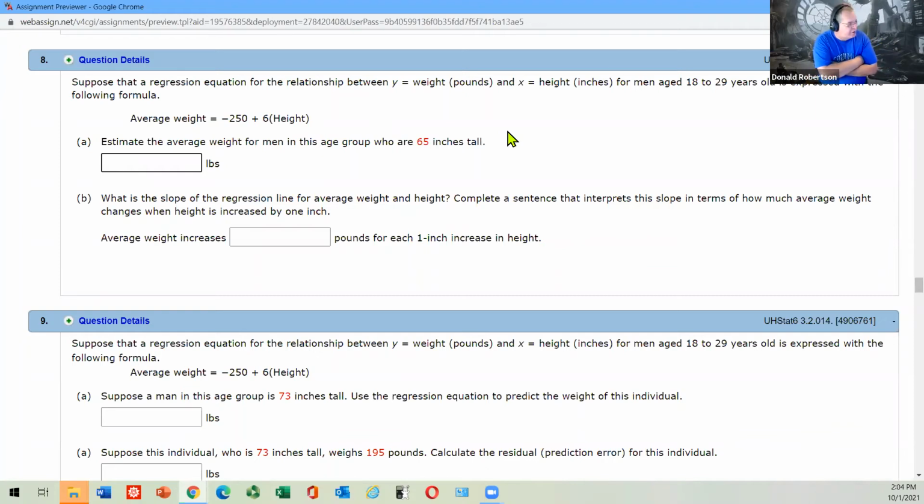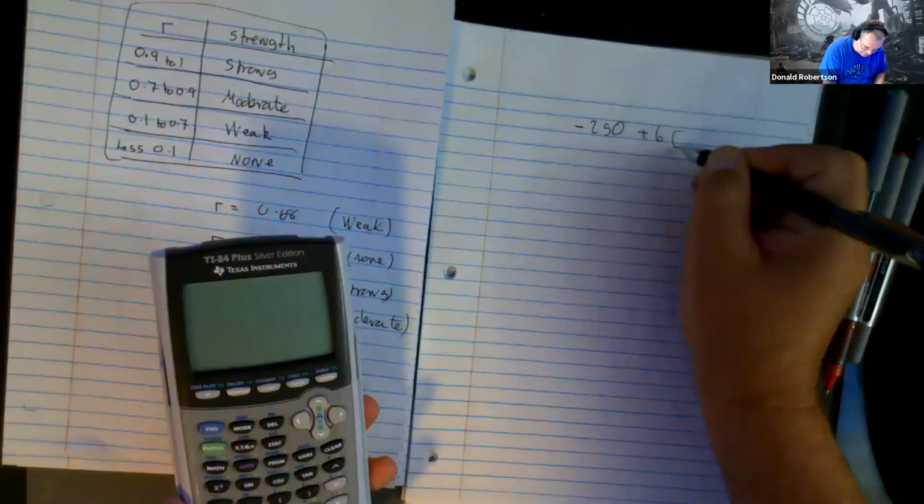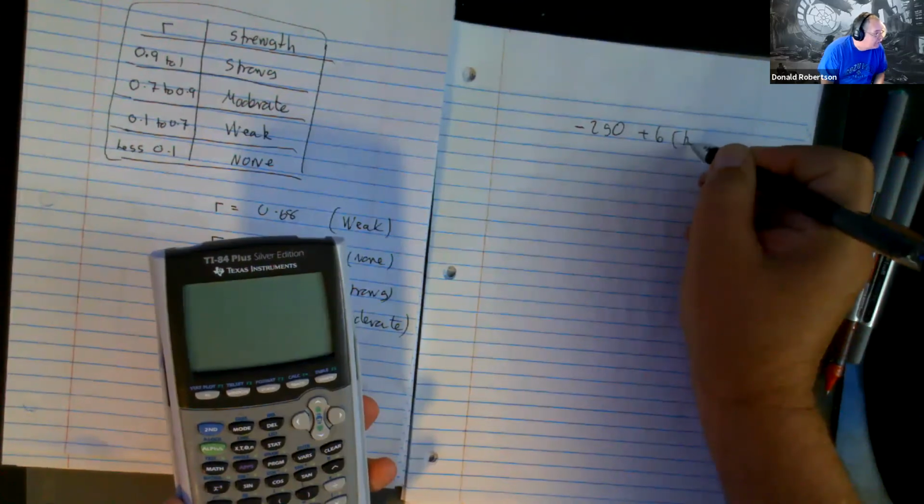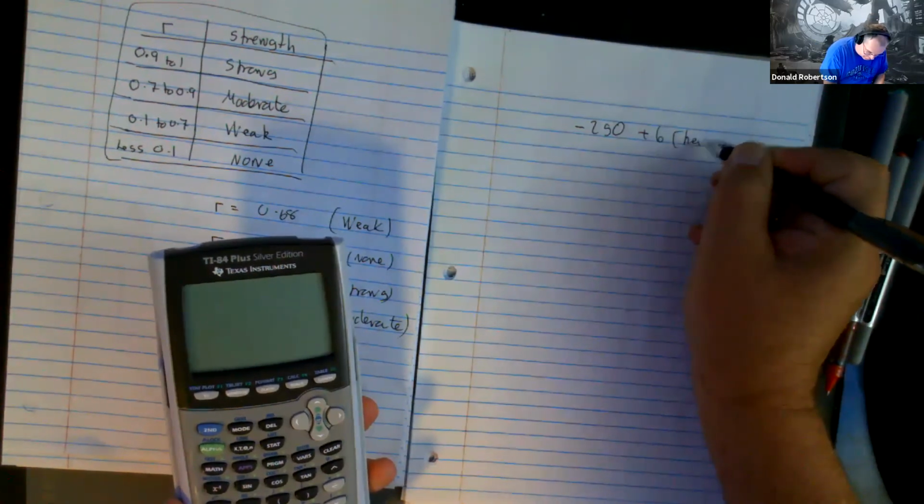And let me tell you right now, the answer is stupid. But that's not your fault and it's not wrong. That's what they told you to do. So I'm going to show you that calculation now, and hopefully you'll agree with me that this answer is stupid. The formula was -250 plus 6 times their height, and they had someone who was 65 inches tall.